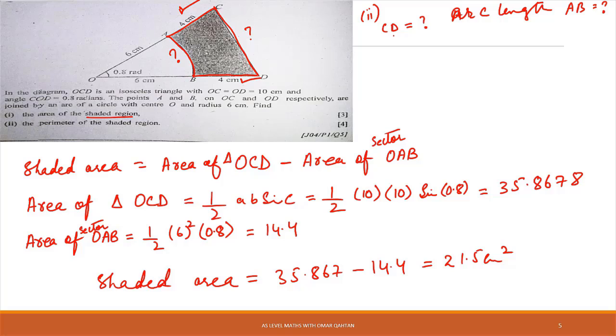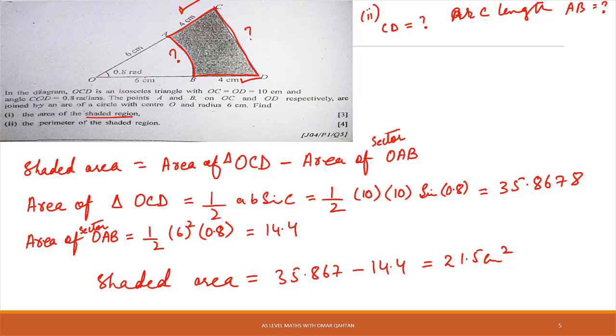Alright, for finding this side CD first, we have a cosine law. We can apply the cosine law because we have this side, we have this side, and we have the angle in between these two sides.